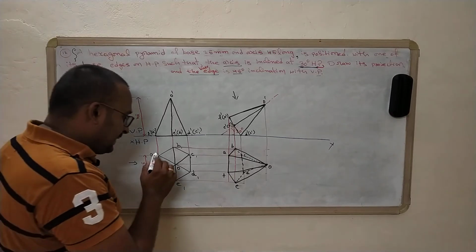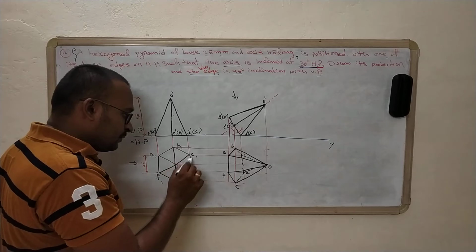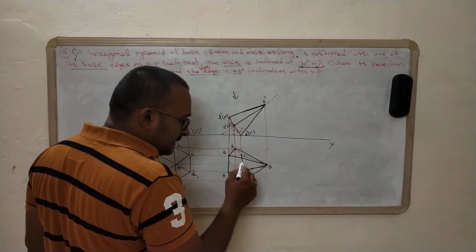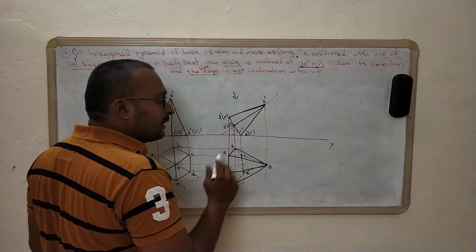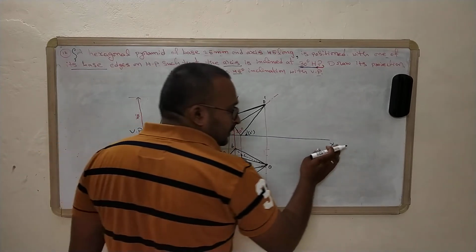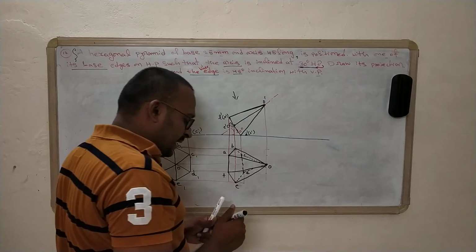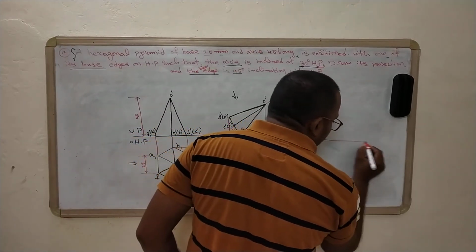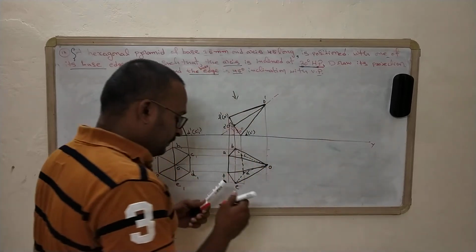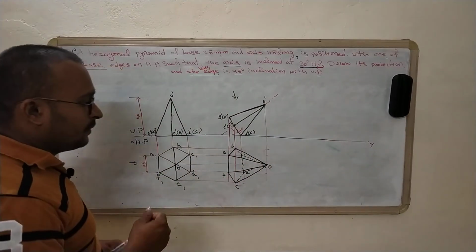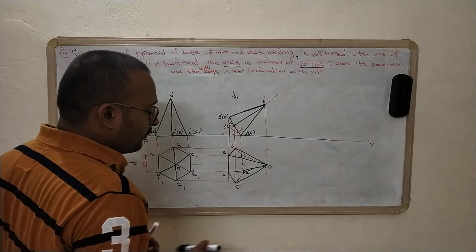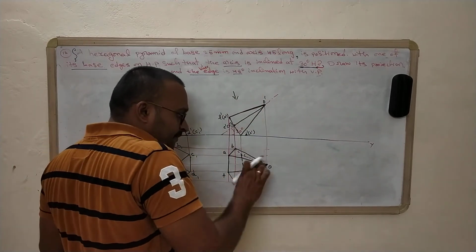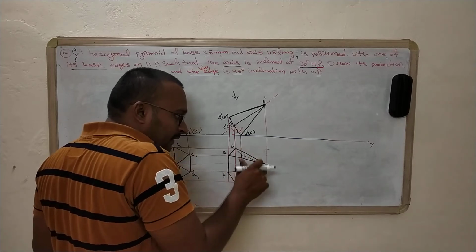Now these base edges CD are making an angle of 45 degrees, that is the third step, making an angle of 45 degrees to the XY line, so that we are going to tilt it at an angle of 45 degrees.